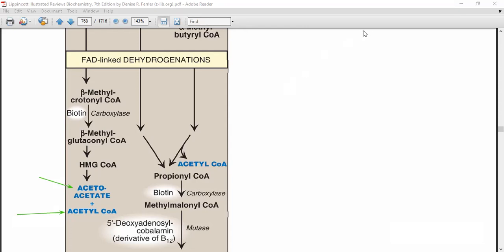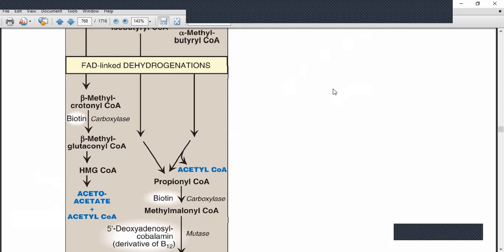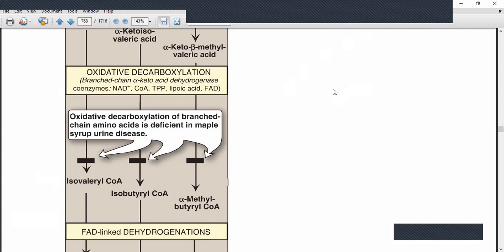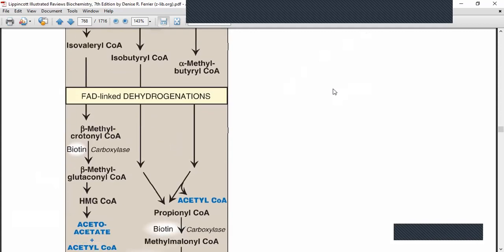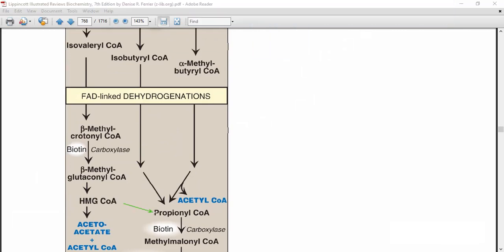the valine and isoleucine. Can you look at the valine? Valine, after forming its acyl CoA, which is known as isobutyryl CoA, and undergoing dehydrogenation, will eventually form propionyl CoA.